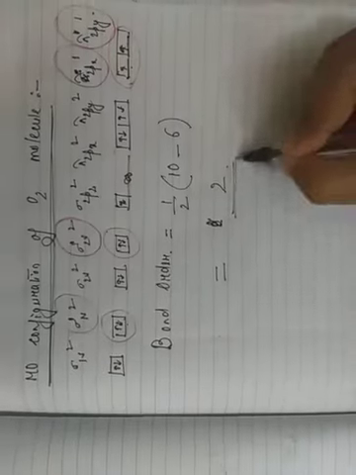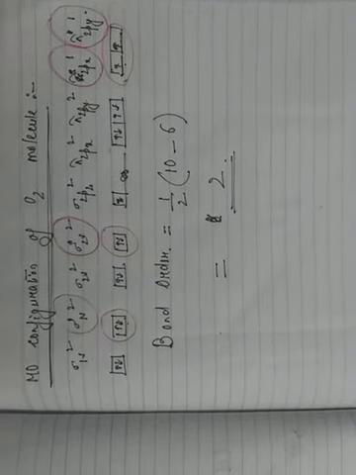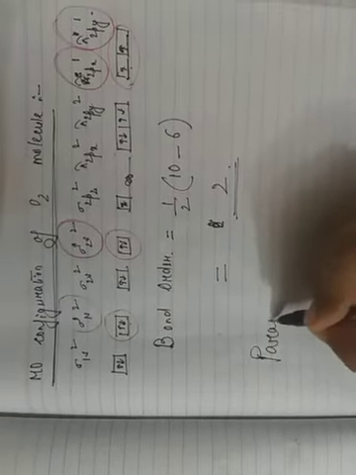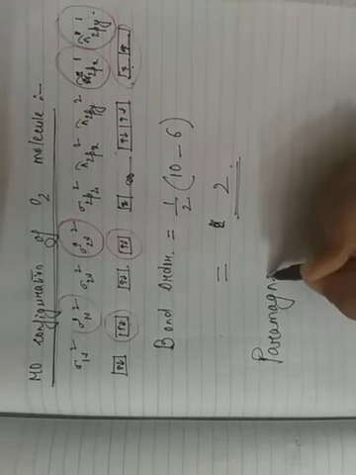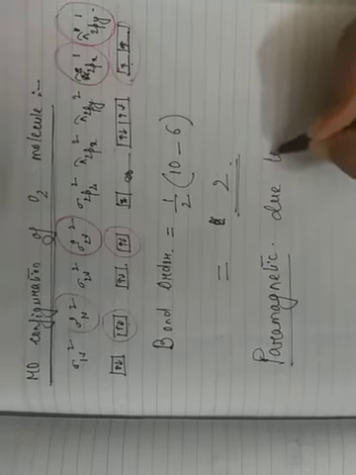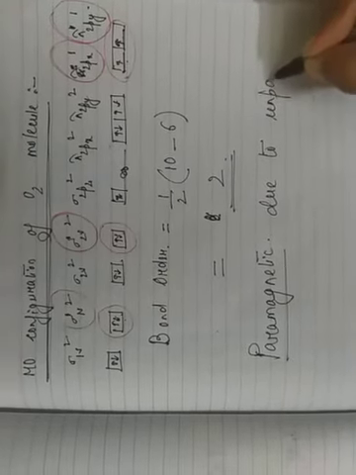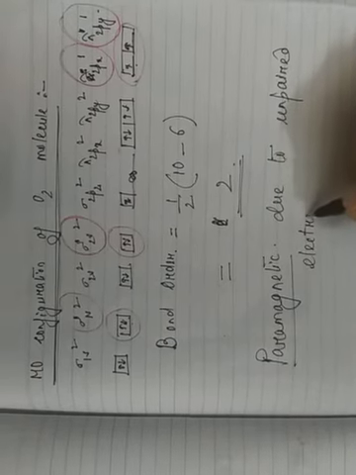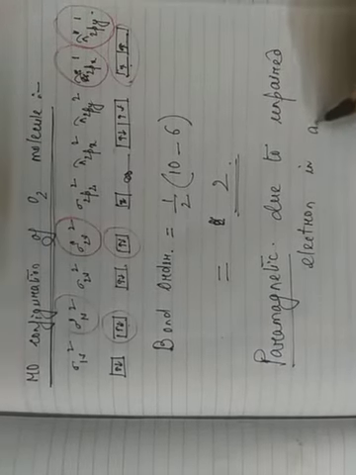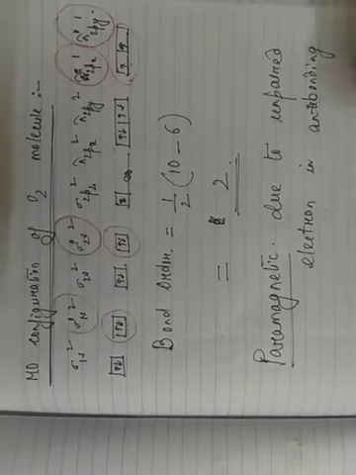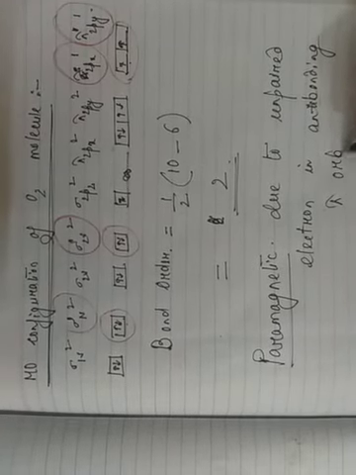It is obvious that in oxygen we always have a double bond character, and it is further paramagnetic due to unpaired electrons in anti-bonding pi orbitals.